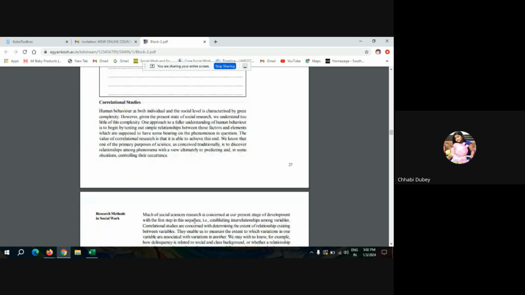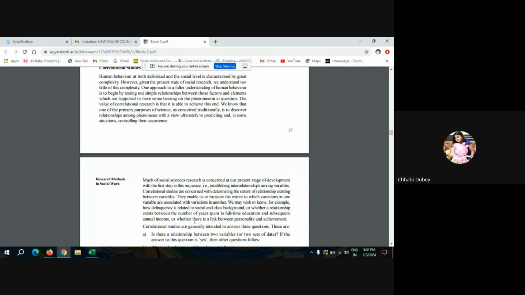But in social science research, considered in the present stage of development, this becomes very difficult. So prediction in social sciences is definitely very difficult, and it is also not appropriate. But of course, with the use of correlational studies, we can determine the extent of relationship existing between variables to a great extent.